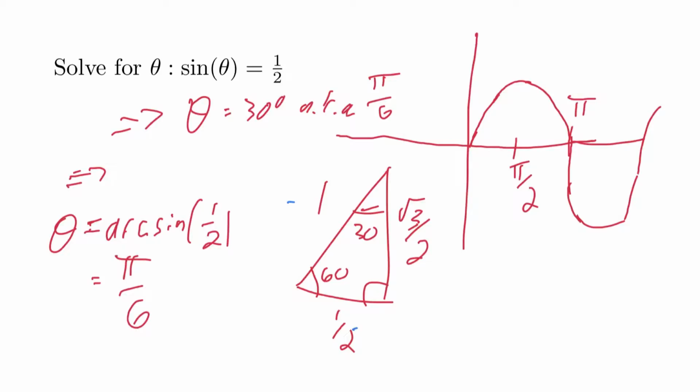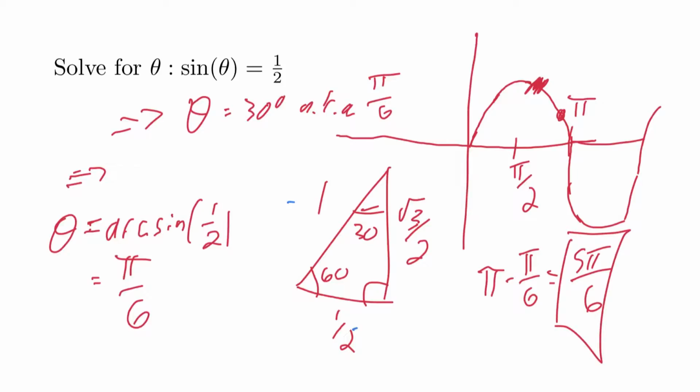Now keep in mind that there are other choices for this. We could also have used this value here. So that would be pi minus pi over 6. So 5 pi over 6 would also be a solution, as would any 2 pi multiple.